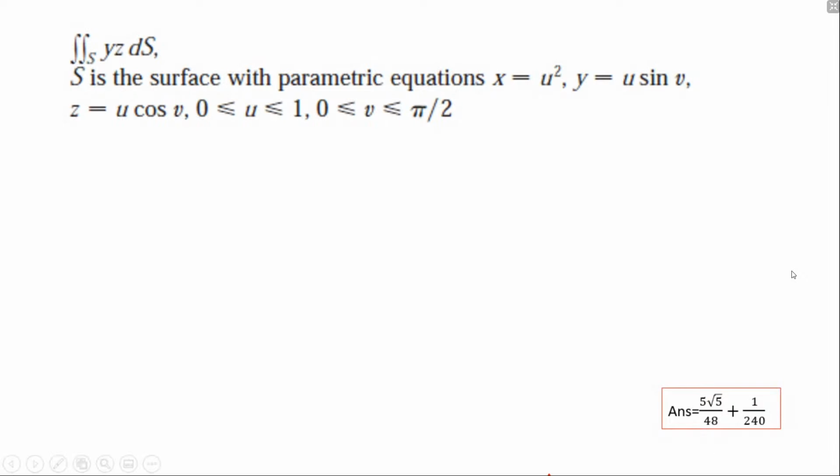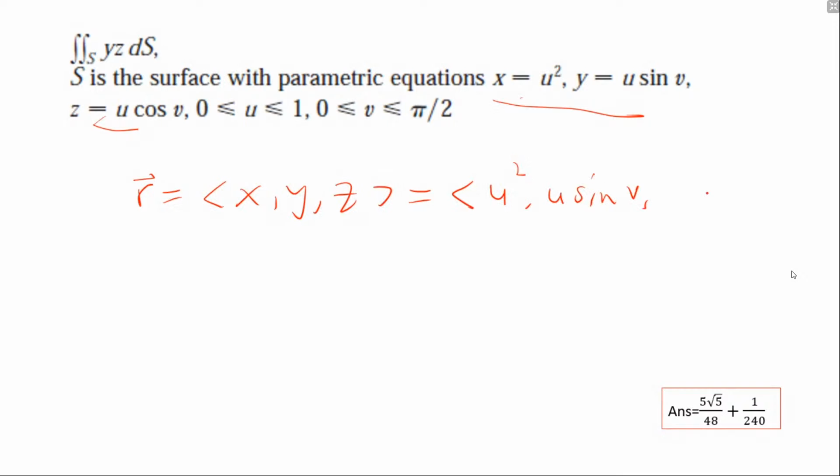For this question, you can try using the parametric equations you already have. So our R, you have the x, y, and z: u squared, u sin v, and also u cos v.